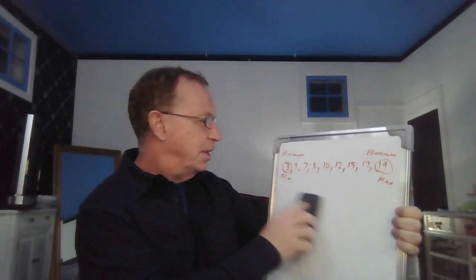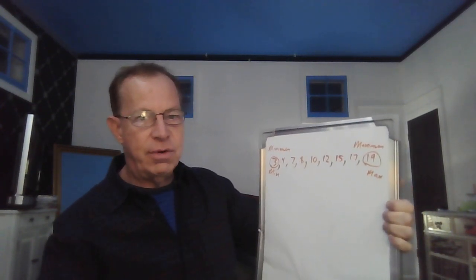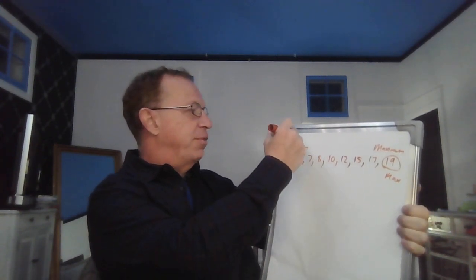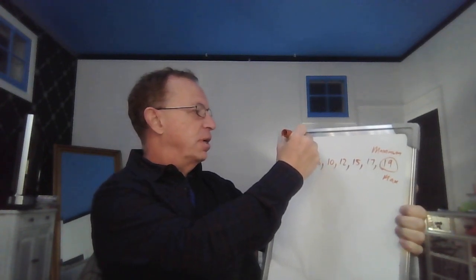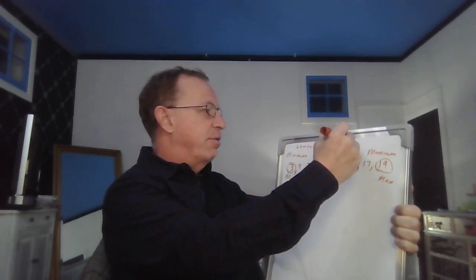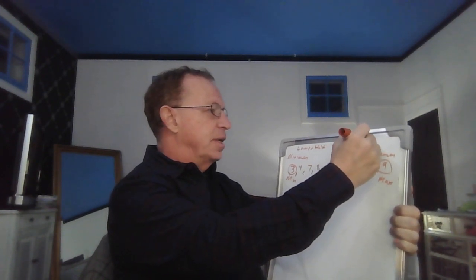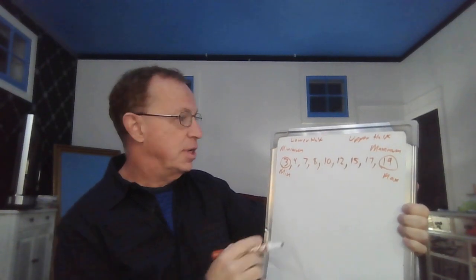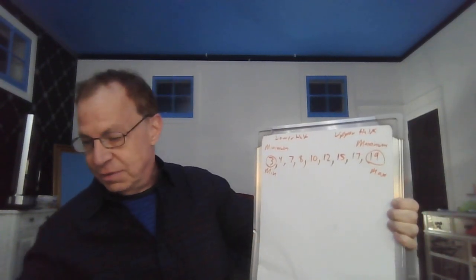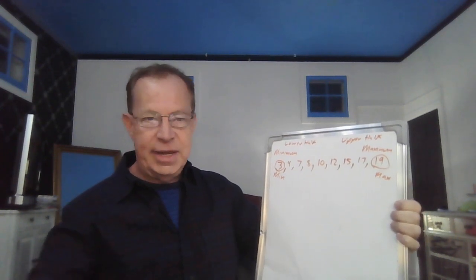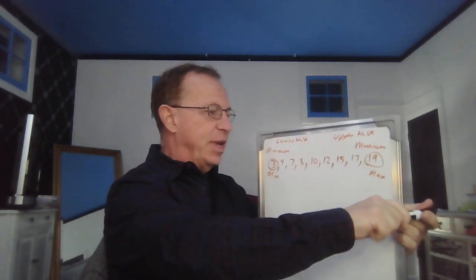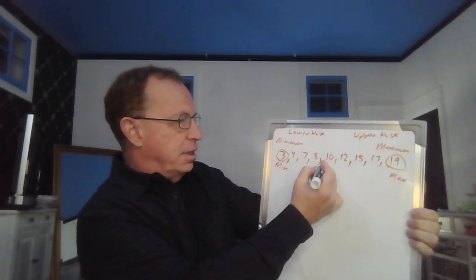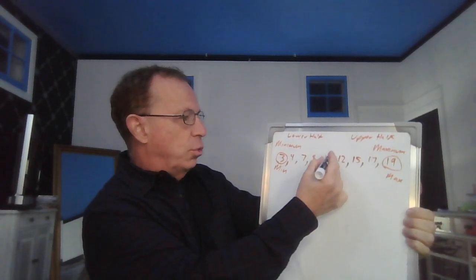Okay, so let's focus back down on another important aspect, and that is we're going to talk about the lower half and the upper half of the data set. And the way we determine what is the lower half and the upper half is not that difficult. You may have already figured this out by looking at this. We're going to say that in this case, because we have an odd number of data points, this middle value right here is called what?